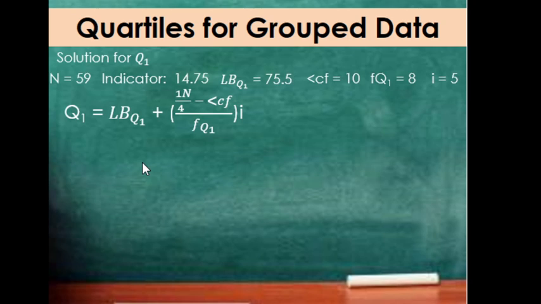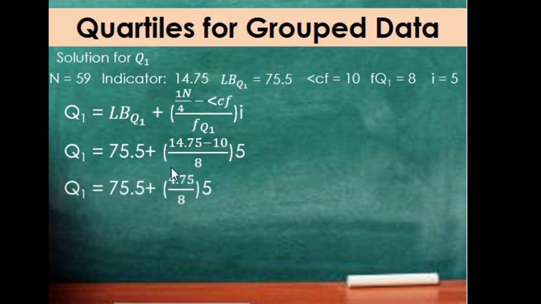Okay, so i-substitute lang natin yung mga values. So, yung ating lower boundary is 75.5. Indicator is 14.75. Less than cumulative frequency is 10. Frequency of the quartile class is 8 and the interval is 5. So, i-subtract natin. 14.75 minus 10 is 4.75 times 5 divided by 8.